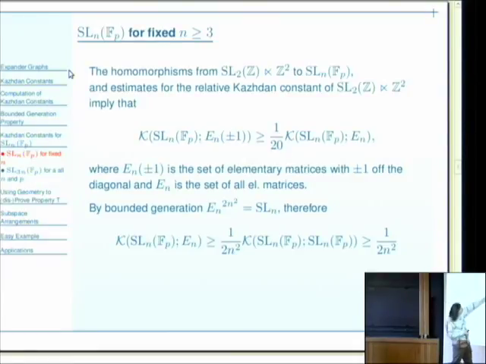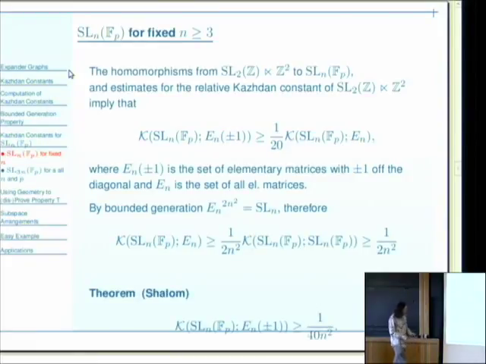So this allows me to go from elementary matrices with plus or minus 1 to any elementary matrices. This tells me I can go from any elementary matrix to everything by just putting some constant which depends on n. However, this thing is practically 1 because this is the whole group. And you combine this, and okay, this looks a little bit ugly, sorry about that.